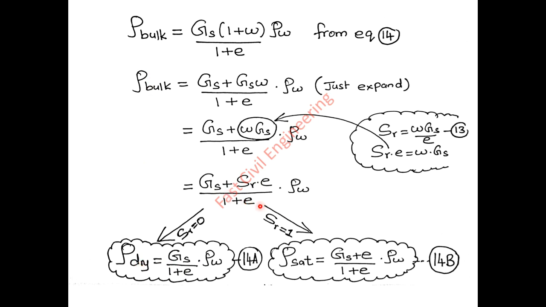This equation, same equation, with SR is equal to 1, that is rho saturation. Check the previous lesson. SR is equal to 1, this bulk density changes to rho saturation is equal to Gs plus E over 1 plus E into rho W. This one is equation number 14b, this one is equation number 14a.